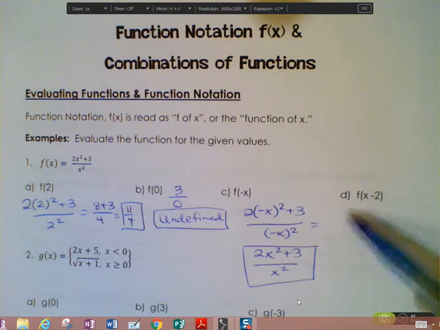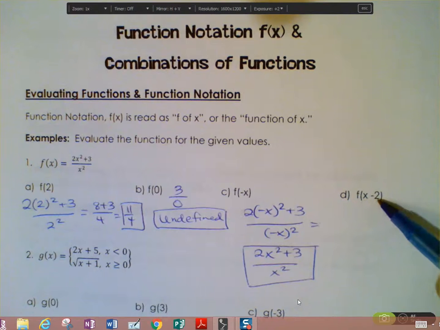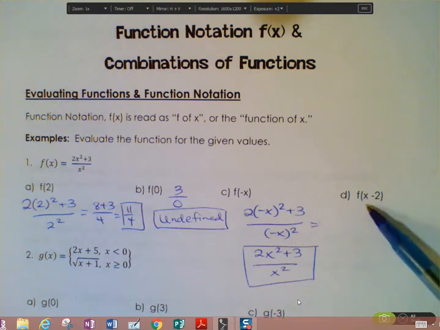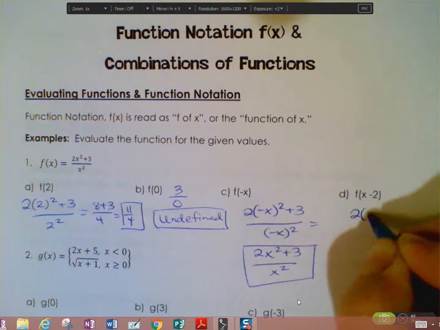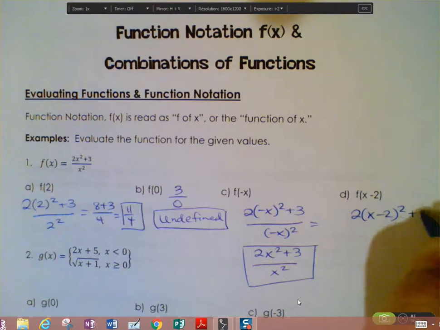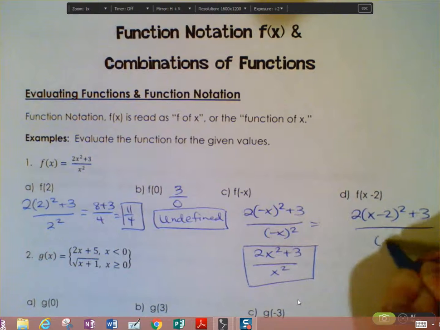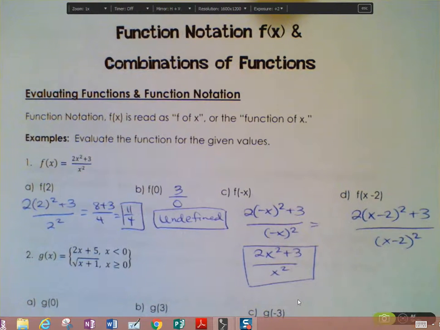Letter D, f of x minus 2. So now every time we see an x, we're going to substitute in x minus 2. So we get 2 times x minus 2 squared plus 3 all over x minus 2 squared.